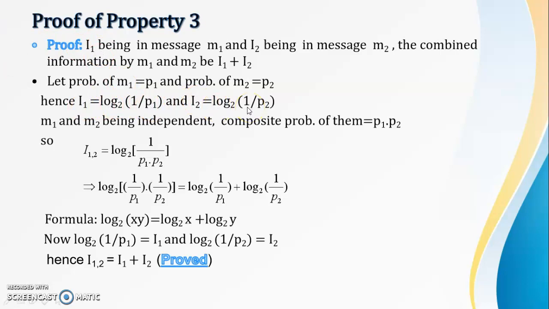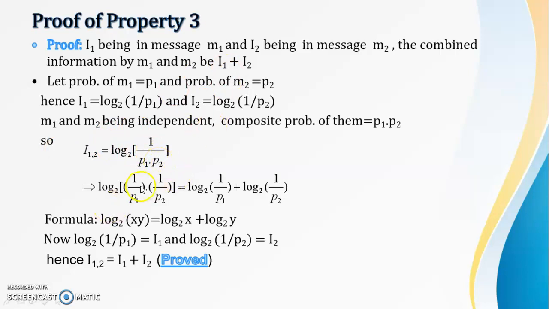Since M1 and M2 are independent, the composite probability of M1 and M2 equals P1 into P2. So I12, the information contained due to this composite probability, is log 2 1 by P1 into P2.